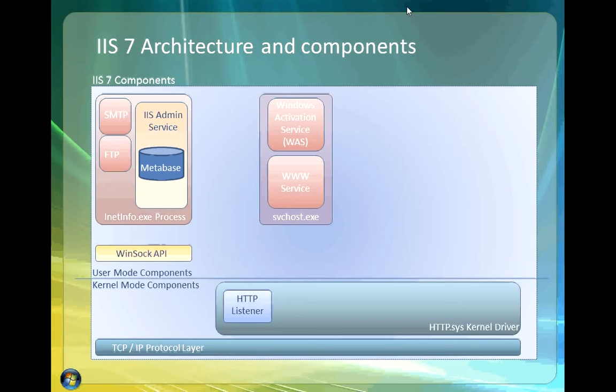So what is the purpose of these two services that are hosted inside svchost? Well, they read in the configuration, which is now located in applicationHost.config, which is an XML file. This file is portrayed as not belonging to either the svchost, which hosts WAS and W3SVC, nor inetinfo.exe, because the configuration is read on demand.